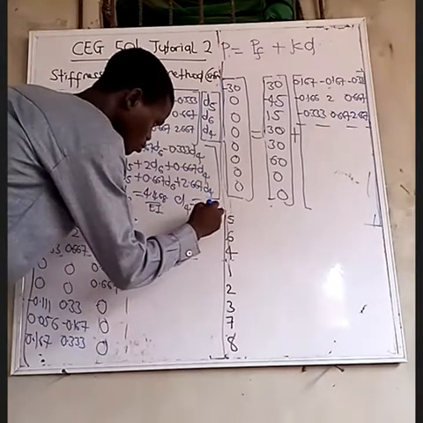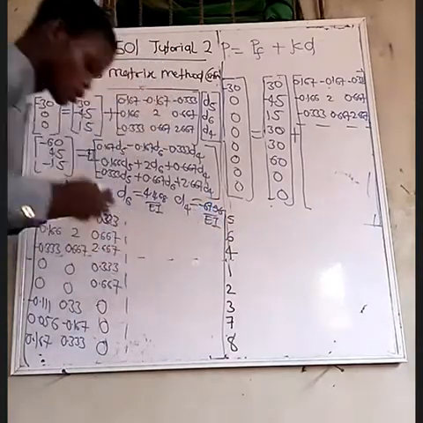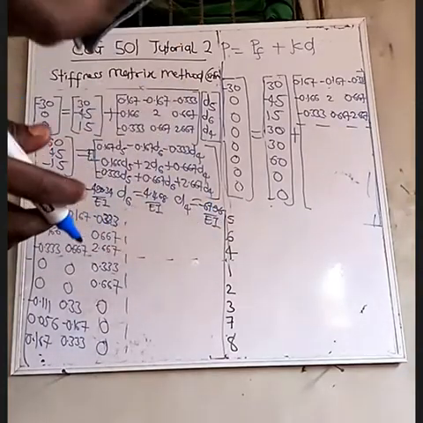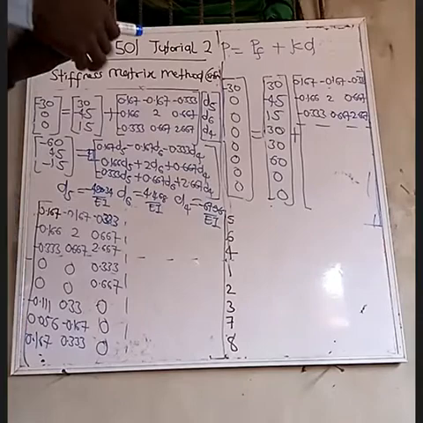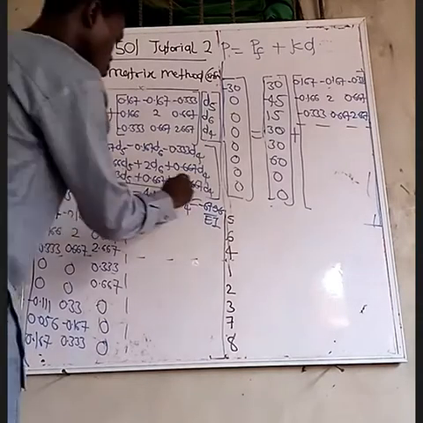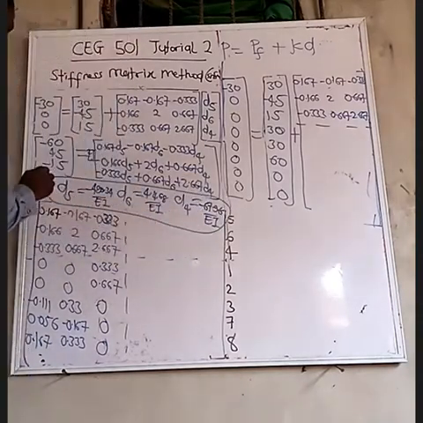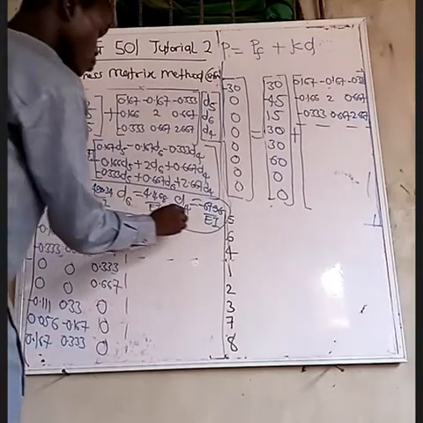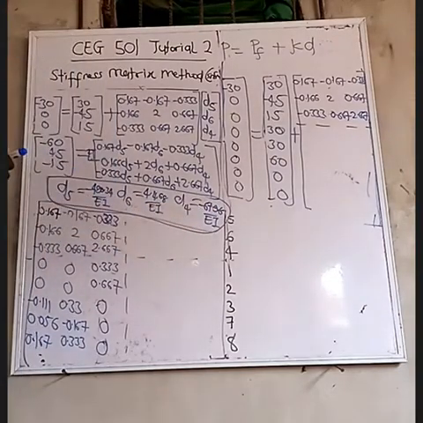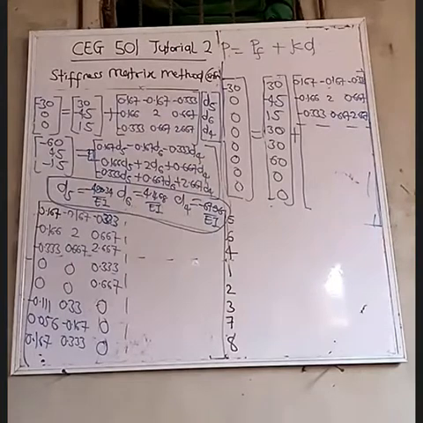Sir, what did you say? I said, is it correct? Yes. I mean this one that I circled. Yes, I've seen it. It's correct. It's the same. Yes, sir, it's the same.